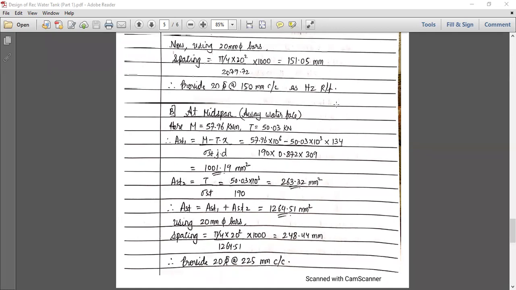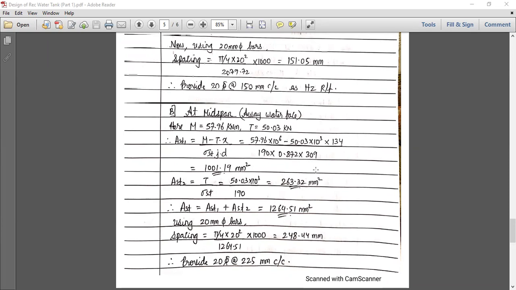Okay, at the mid span, give me the value of AST1 and AST2. Yes, give me the values of AST1 and 2 quickly.